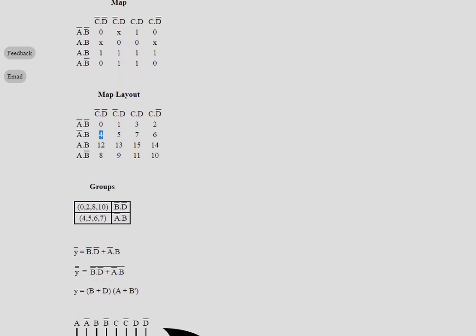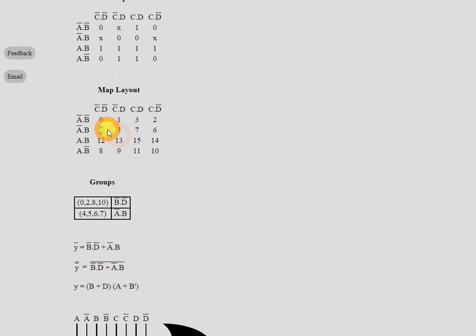Because we're interested in POS, we can treat them as 0, so that we can form the group of the following: 0, 2, these 4 zeros, which will give us B, not B, and not D. And then we will use these X, or don't cares, to form the second largest group of 4, 5, 6, and 7.